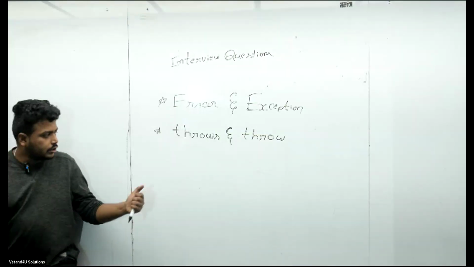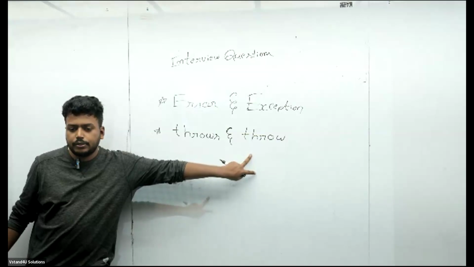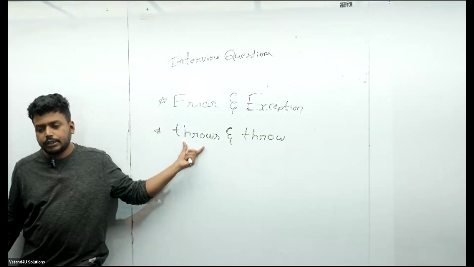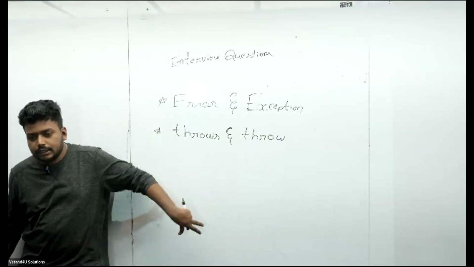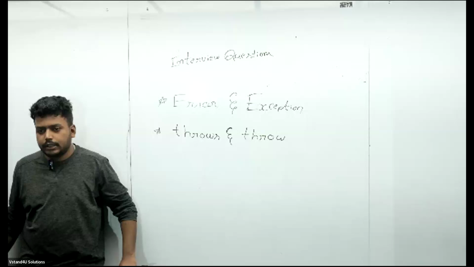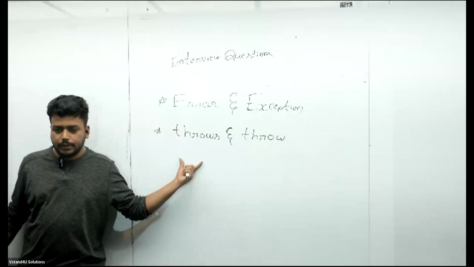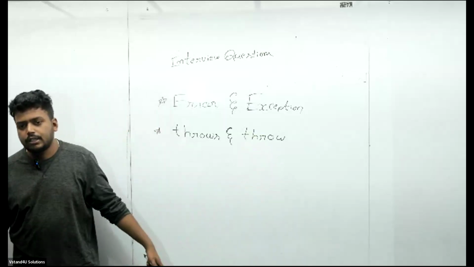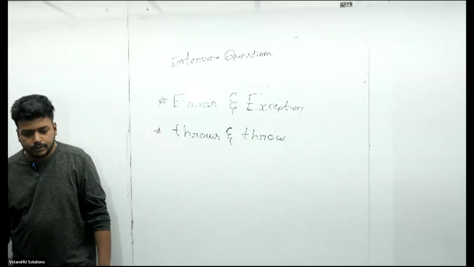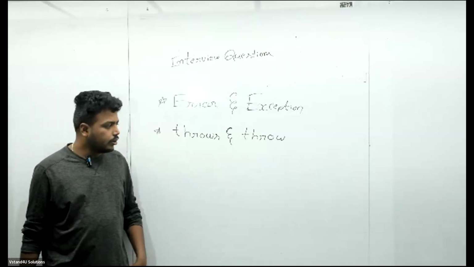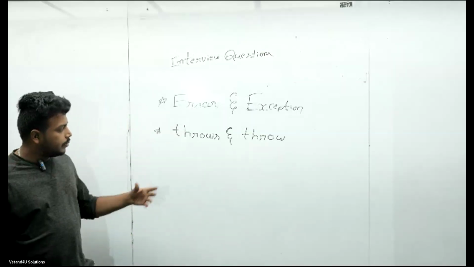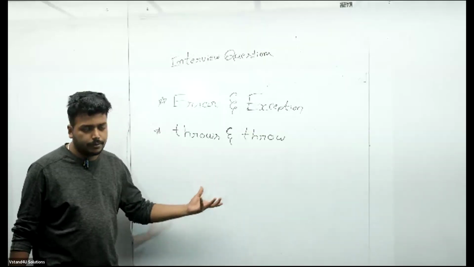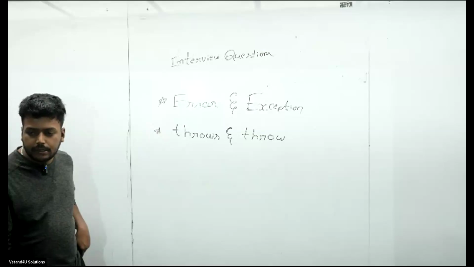This throw keyword will be used in the custom exception, and throws will be widely used in the checked exception. And throws keyword is always used to propagate an exception to a caller method.